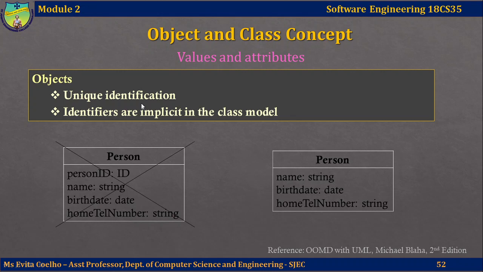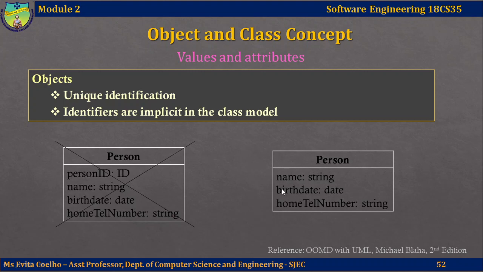Because of this, it is understood that identifiers are implicit in the class model and you do not have to specify them explicitly. So if you take a look at this notation of the class diagram, you have the class name, you have name, birth date, home telephone number, you have the data type of each of these attributes, and another attribute called person ID is added here, which is not required at all because every object is uniquely identified and that is implicit in the class model, and it is not required of you to specify it explicitly.